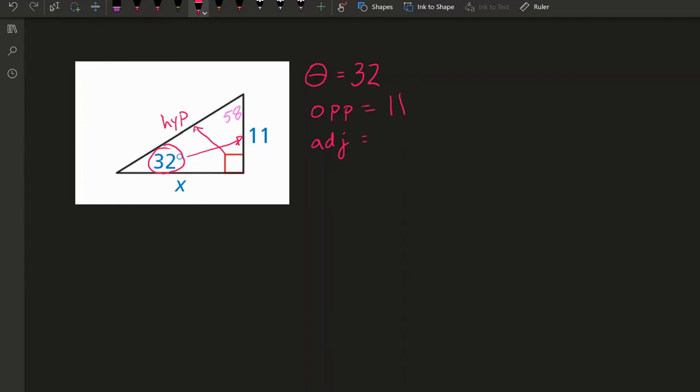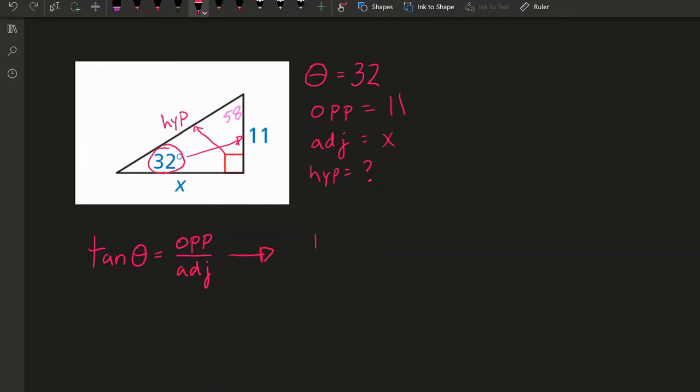So the adjacent is x, and the hypotenuse is, I don't know. We're not going to use it anyway, so I'm not going to worry about it. So all I need to do in order to set up this ratio is say the tangent of theta is equal to the opposite divided by the adjacent.